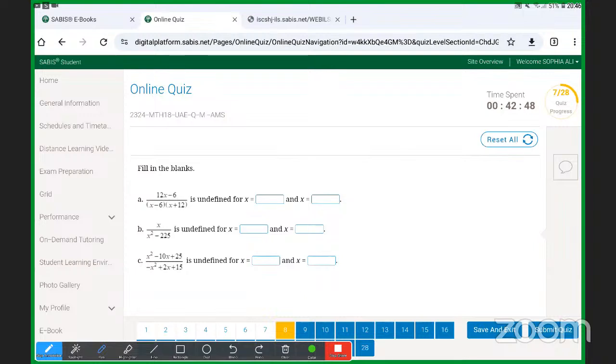When exactly is the function undefined? When the denominator is equal to 0, right? Yeah. Okay, that's great. 6 and negative 12. Yeah, exactly. Excellent. Next.